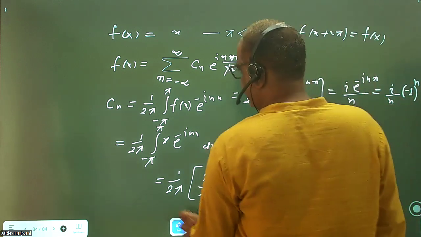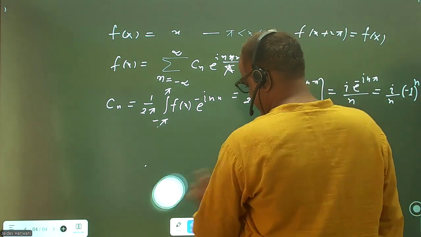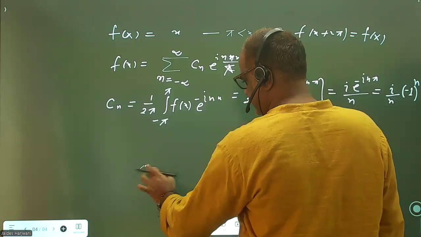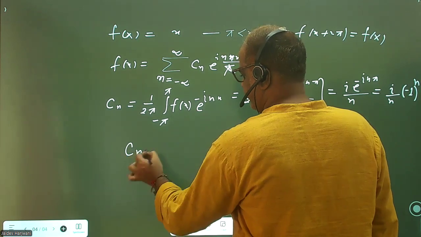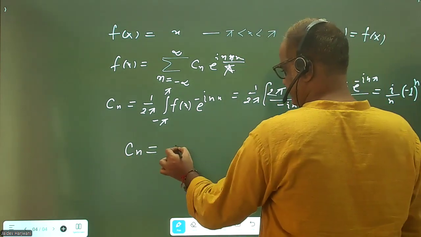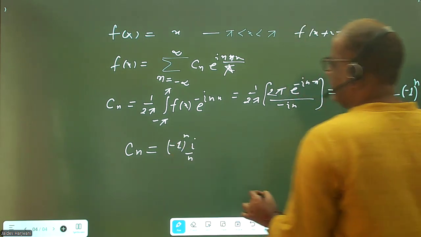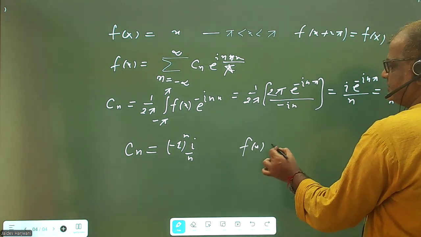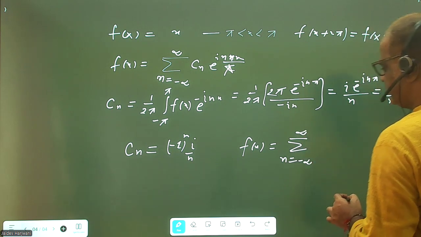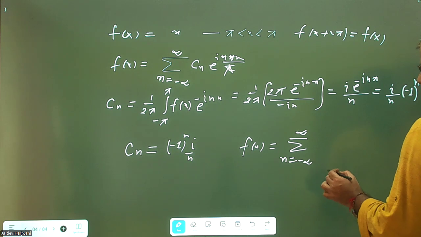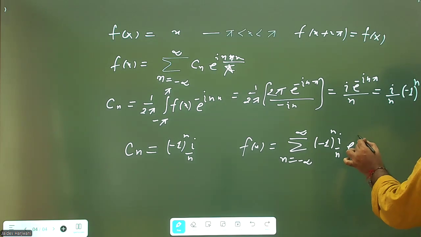So finally my coefficients Cn are minus 1 to the power n iota upon n, and my function now becomes f(x) equal to the sum over n of minus 1 to the power n iota upon n e to the power iota nx.